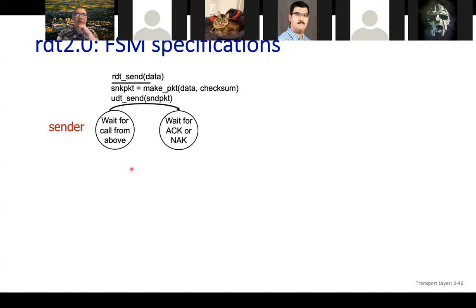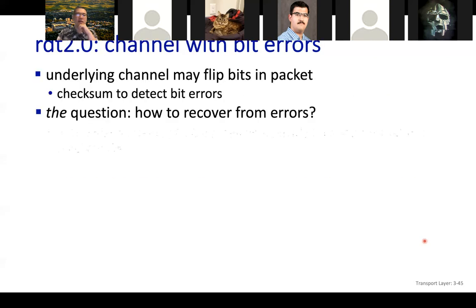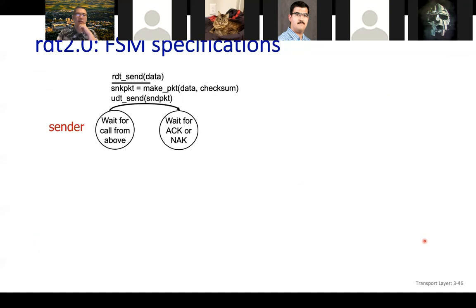If you don't remember, let's go back to these slides. This is the same thing, right? RDT receive packet extracts the data from the packet and delivers the data to the application layer. This is something we have already mentioned, but if you don't remember, just go back to the previous slides. So what triggers the state change back?